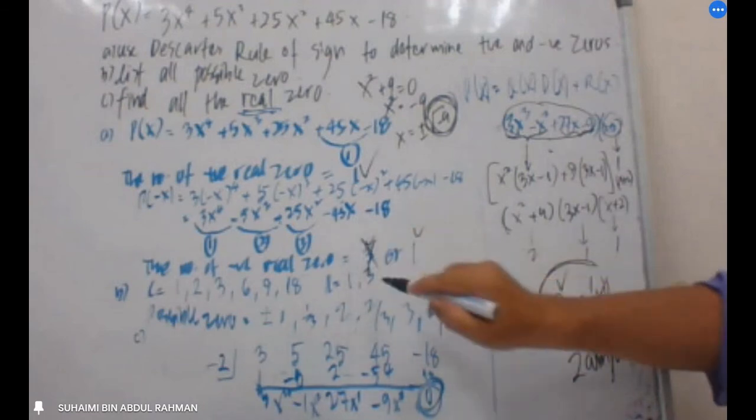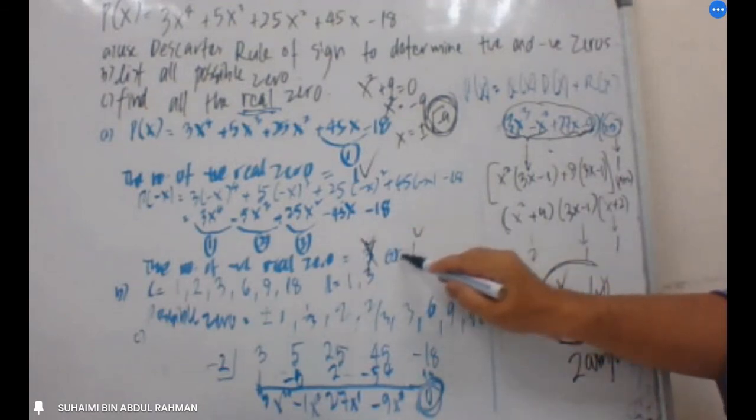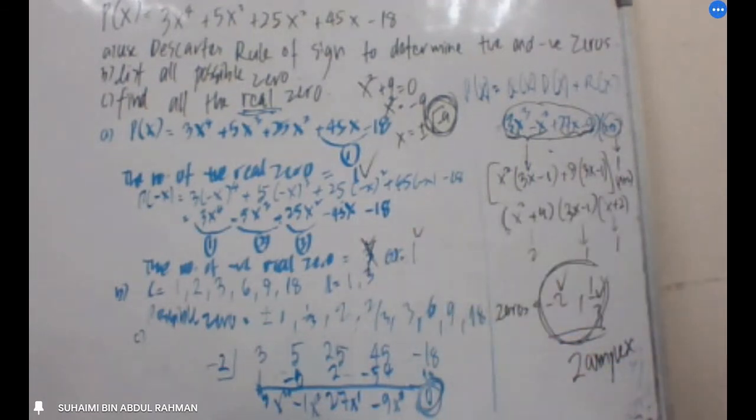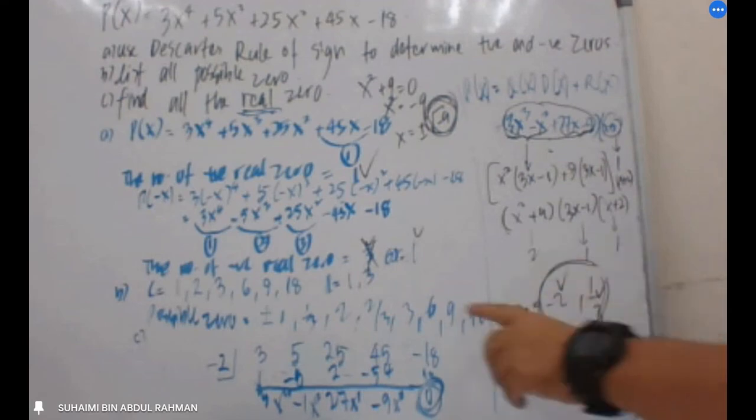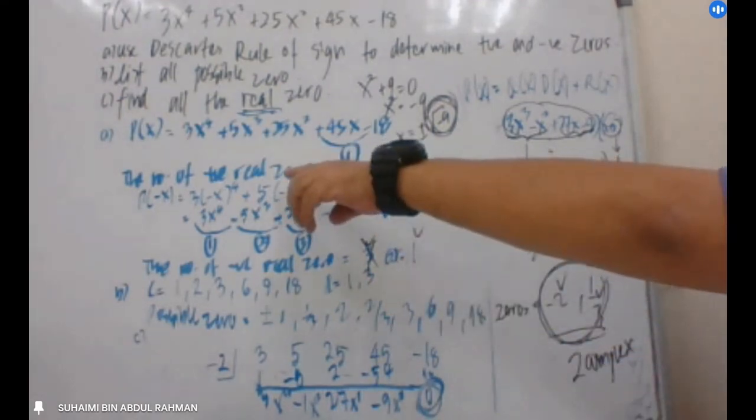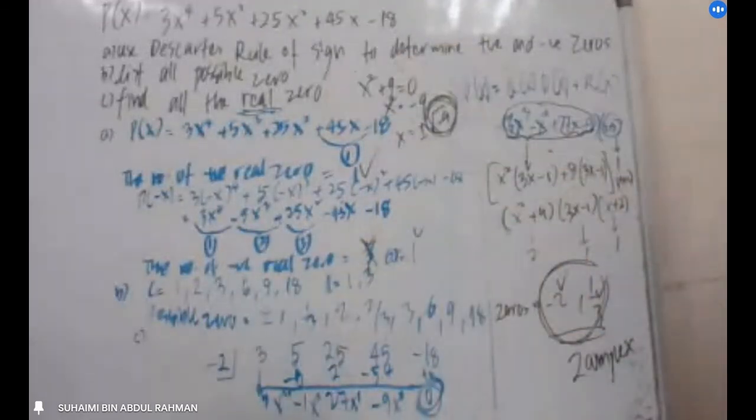So in this case, 1 positive real zero, 1 negative real zero, and 2 more zeros, they are complex. Any questions?